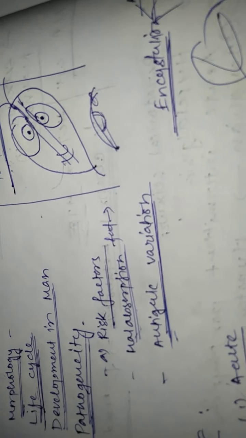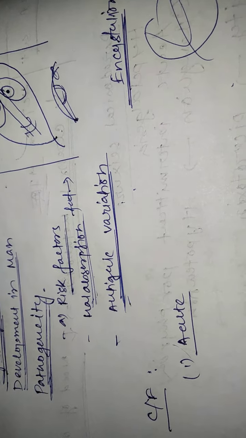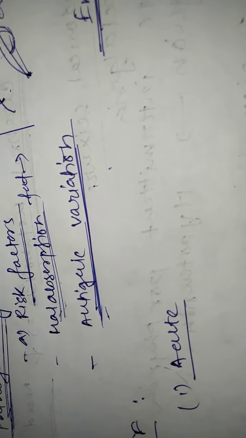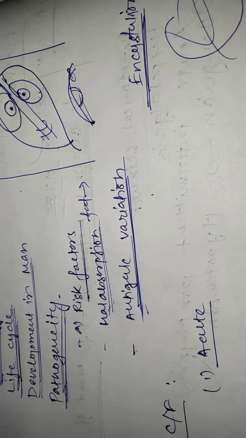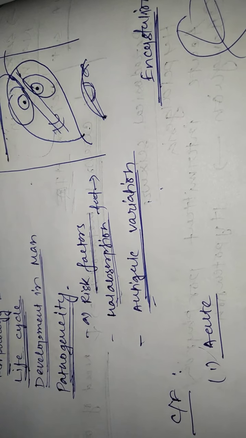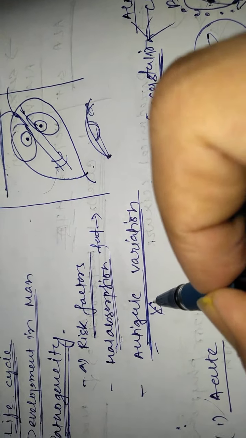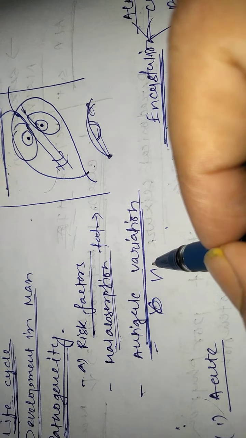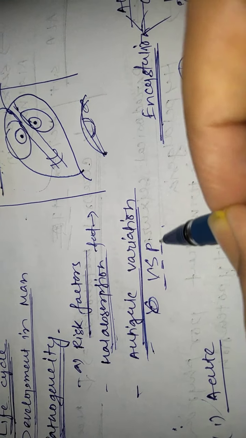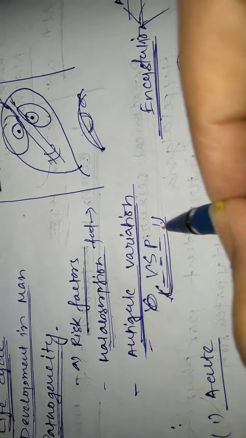Antigenic variation means these parasites undergo frequent antigenic variation, so they can evade the immune system. There are certain proteins present in their outer membrane known as variant surface protein, VSP, so they help in evasion of the immune system.